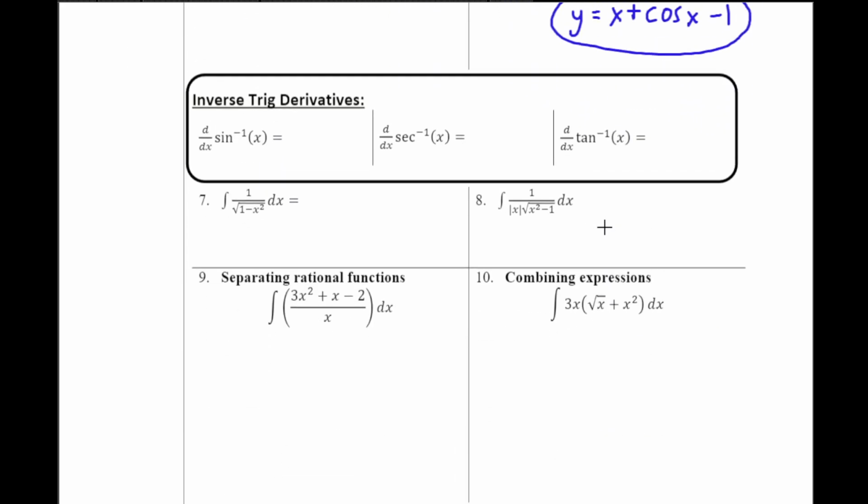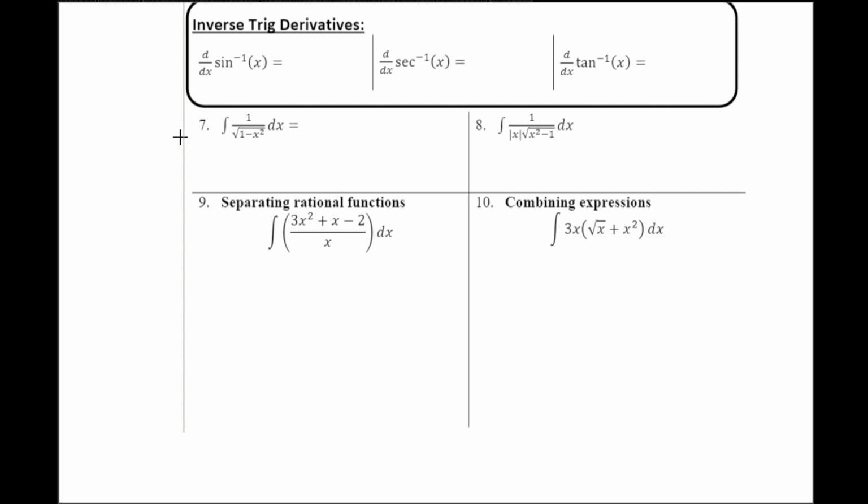Here are some inverse trig derivatives here. These are derivatives here. So if you recall, d dx of arc sine of x is 1 over square root of 1 minus x squared. These are all back from 2.10.